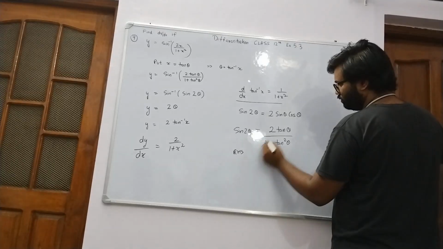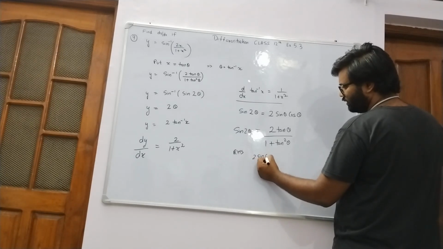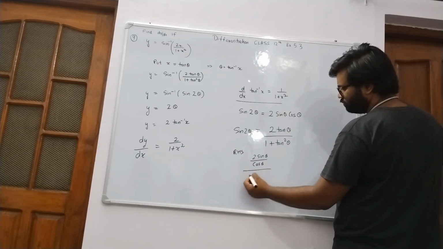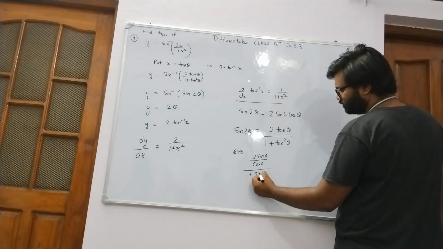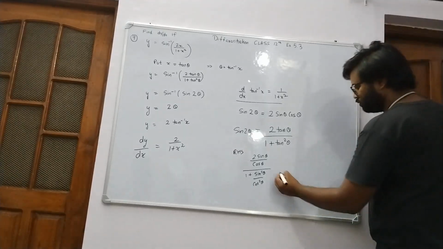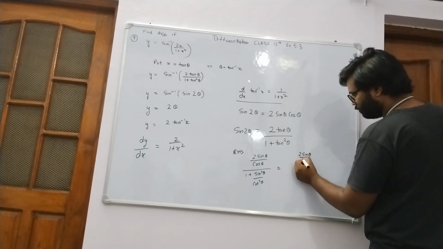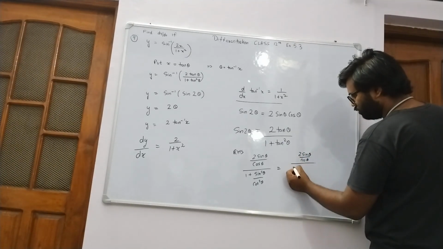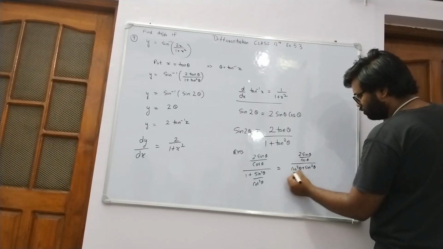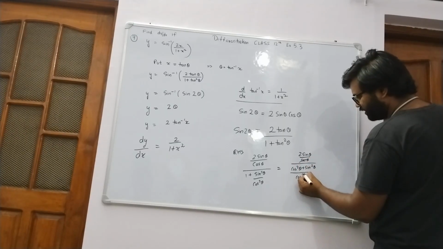So we can simply write 2 tan theta upon 1 plus tan square theta as 2 sin theta upon cos theta whole upon 1 plus sin square theta upon cos square theta. So this will become 2 sin theta upon cos theta whole upon cos square theta plus sin square theta whole upon cos square theta. So cos theta and cos square theta will cancel out.